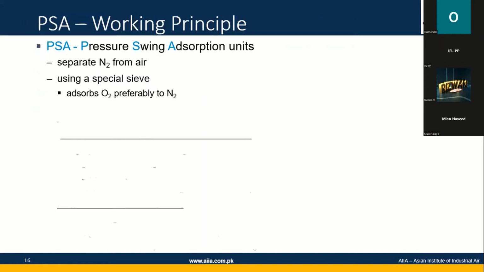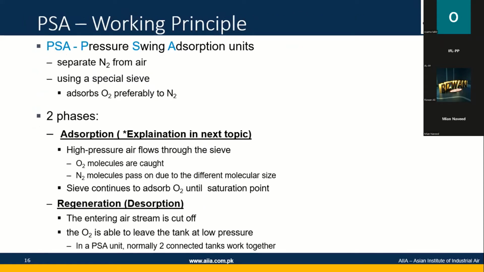So let's have a look at the PSA working principle. As I have told you, PSA is the latest technology and is commonly used nowadays for the production of 99.999% pure nitrogen. So PSA stands for pressure swing adsorption units, right?